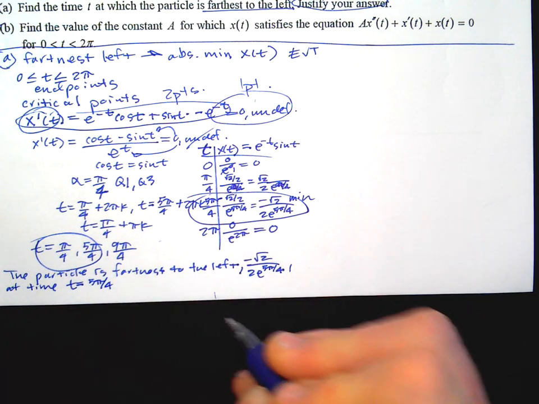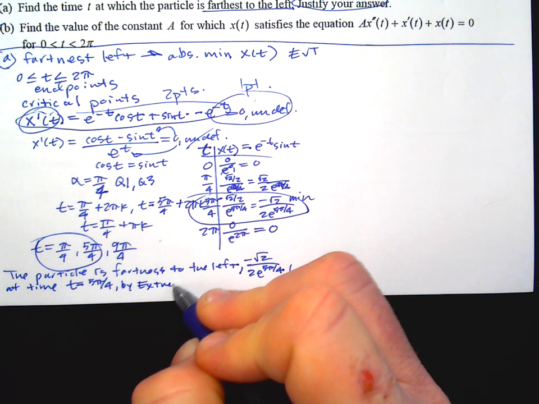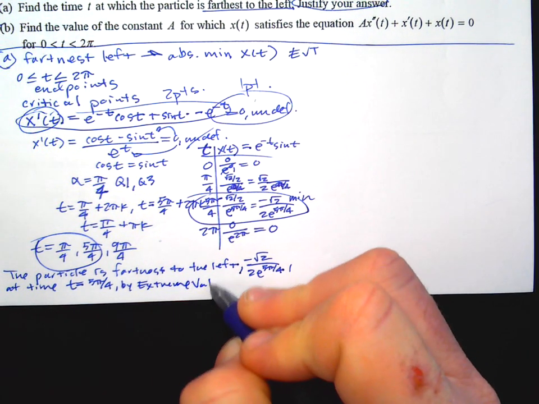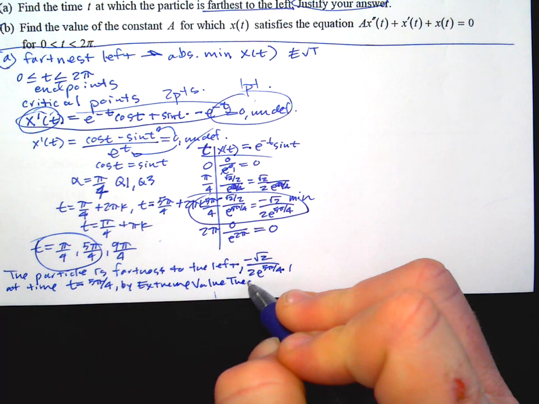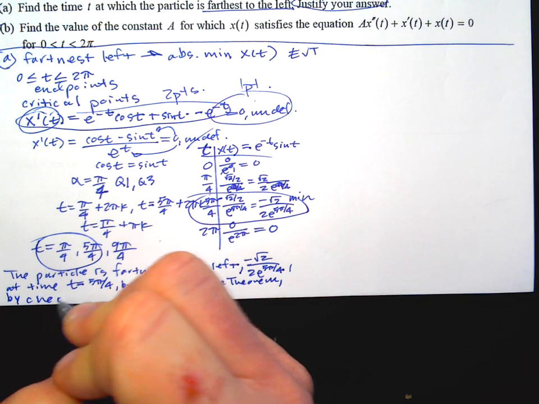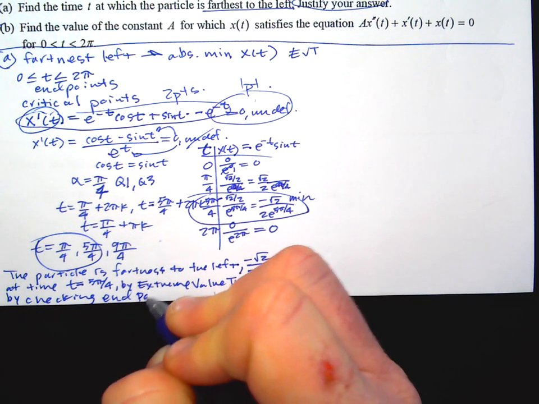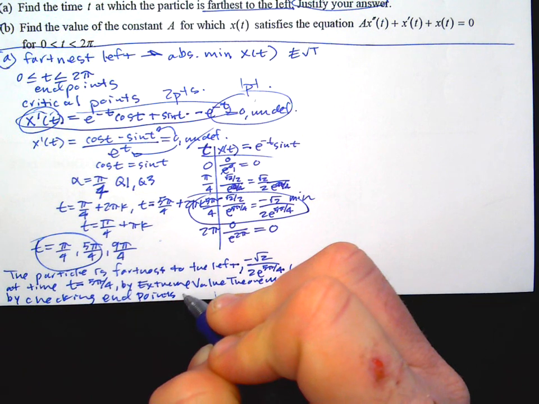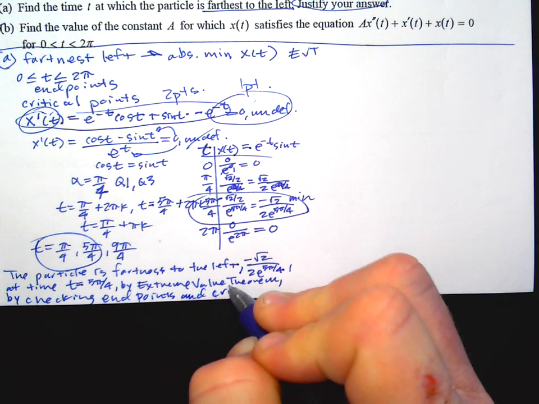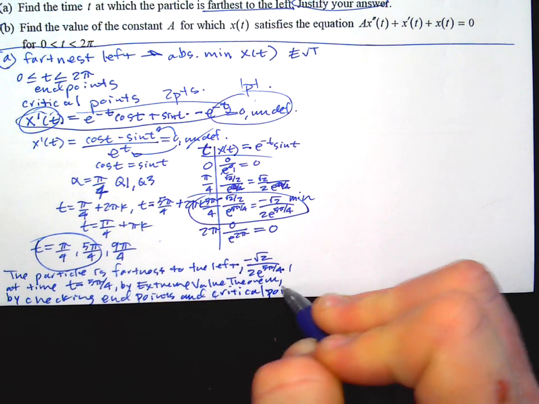So that's your answer. By extreme value theorem, do not abbreviate. Write it all the way out. And that's not enough. You got to explain how it works by checking endpoints and critical points. Don't write initials.